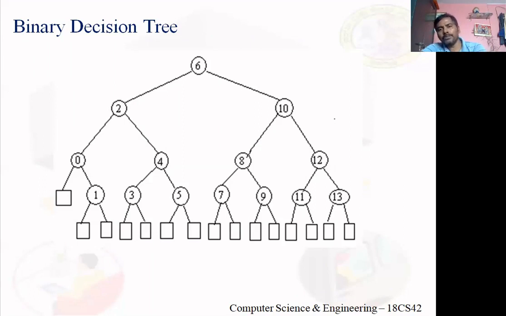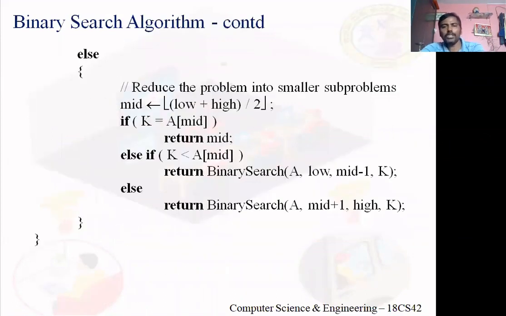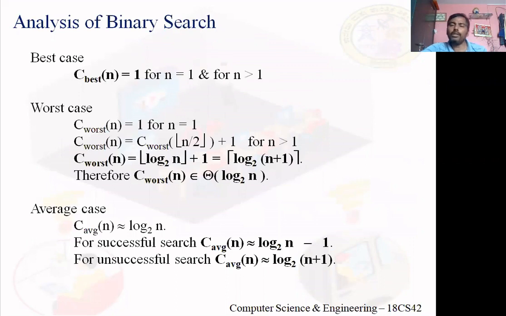So for 4 comparisons, what can I say? Log 14. If you have a calculator, check log 14 plus 1; you will get approximately 4. So in the worst case, it is logarithmic.